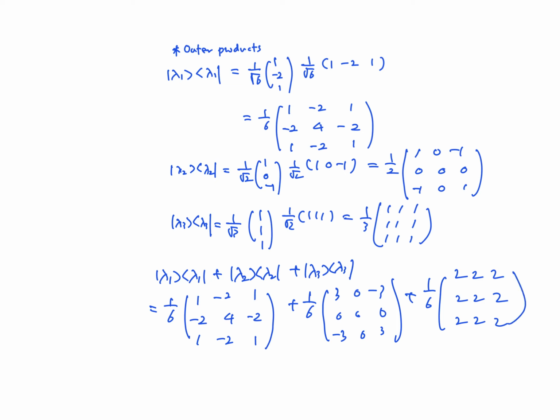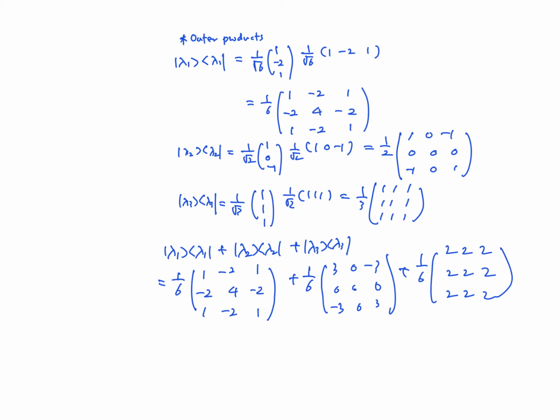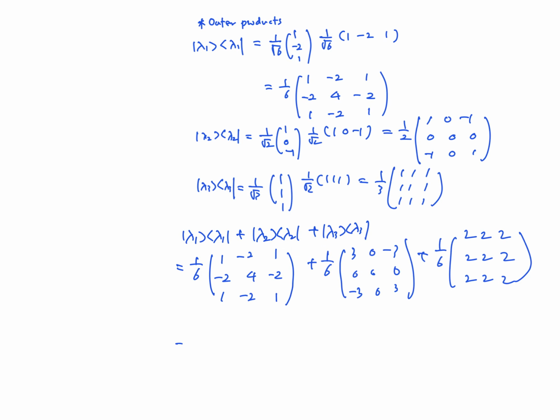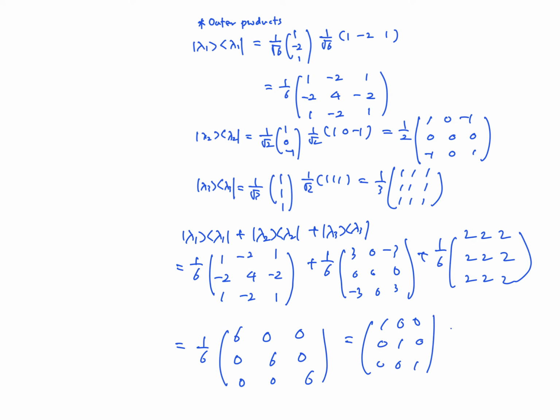If we add them together, what happens? 1 over 6, (6, 0, 0; 0, 6, 0; 0, 0, 6), which is (1, 0, 0; 0, 1, 0; 0, 0, 1). Identity, right?